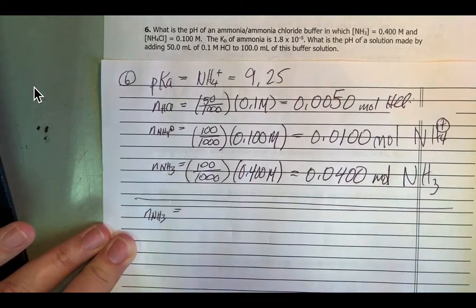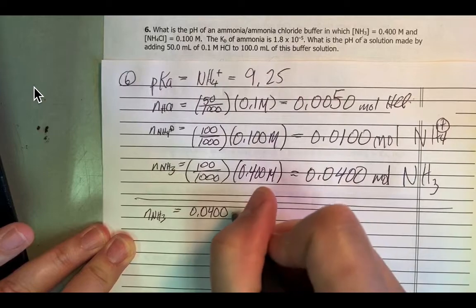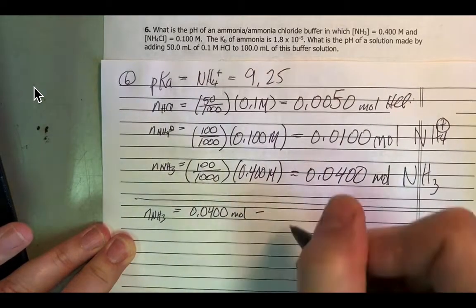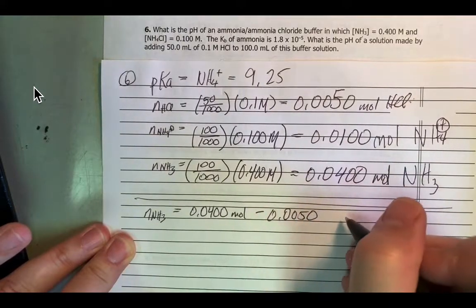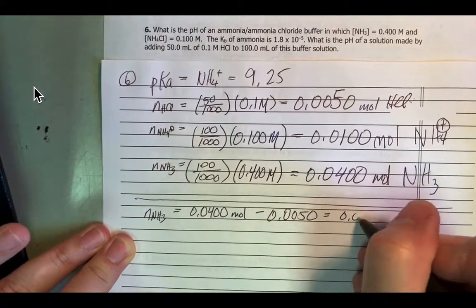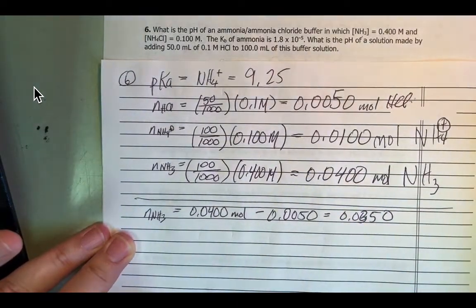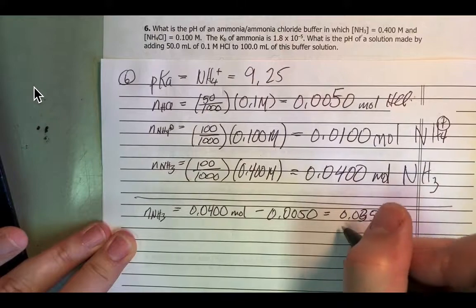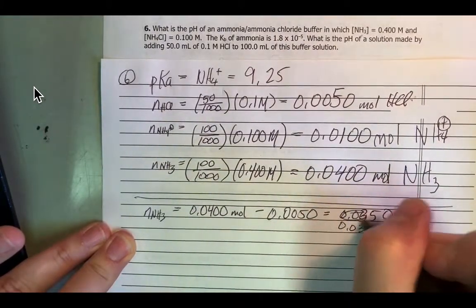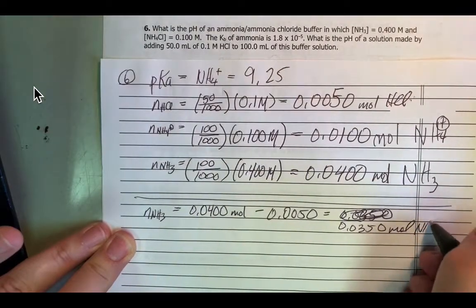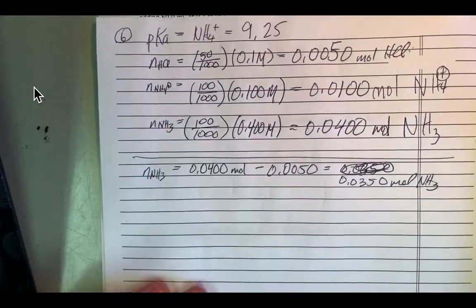NH3, number of moles: 0.0400 moles minus 0.0050 is 0.0350 moles of ammonia. Okay, that's how much survived the interaction with the strong acid.